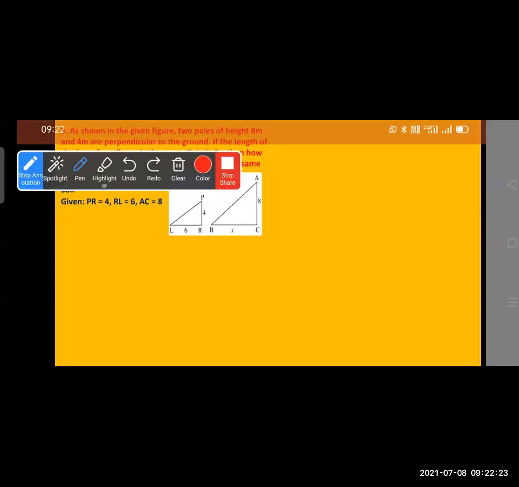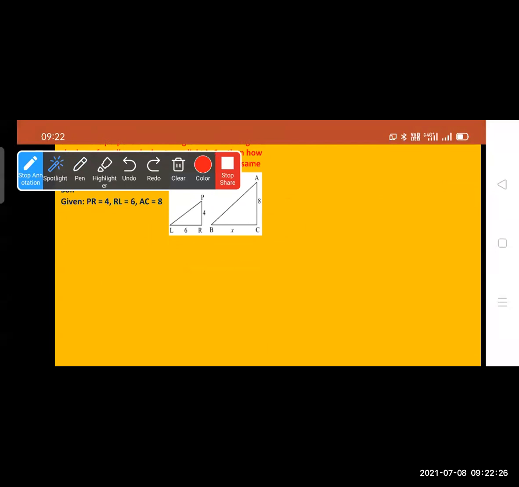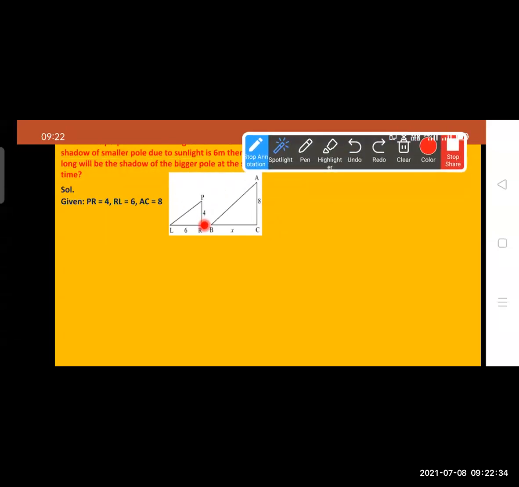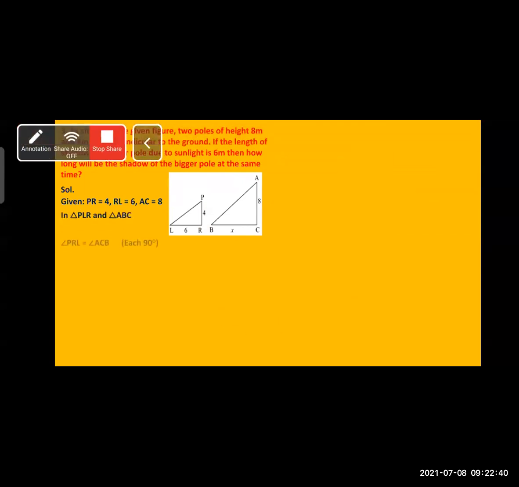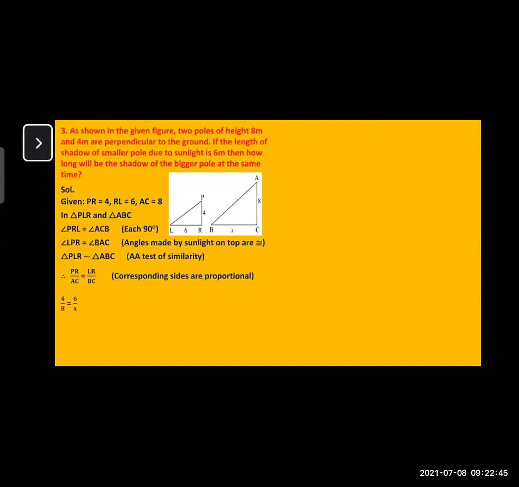This one is the height, ground, and this one is the height 8, and another one is 4. Okay, so first we name them as ABC and PRL or LPR.